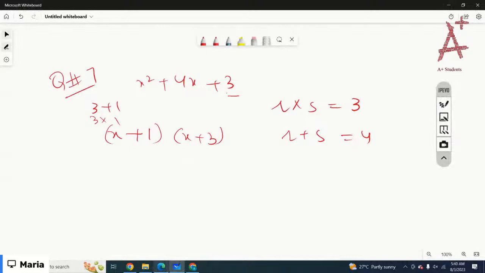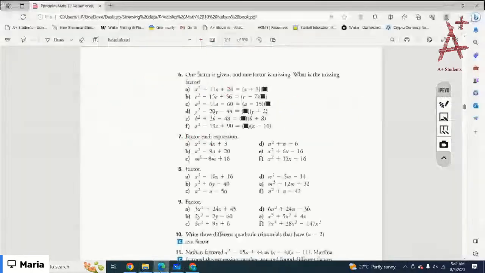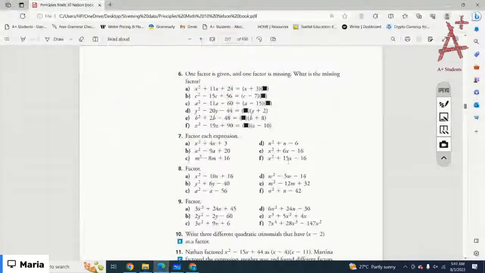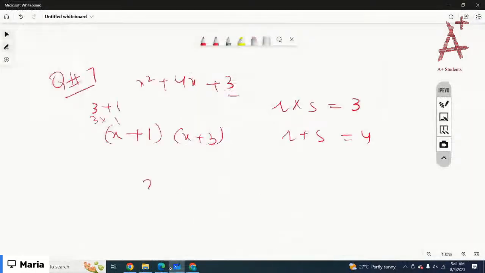Okay, let's just do another one. x square plus 15x minus 16. Think of the two numbers that when added make 15 and when multiplied make 16. It would be 15 and 1, right?